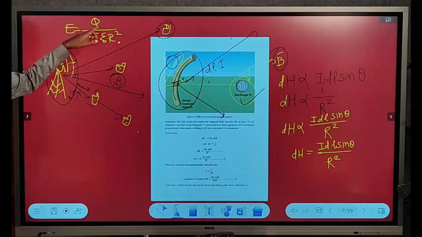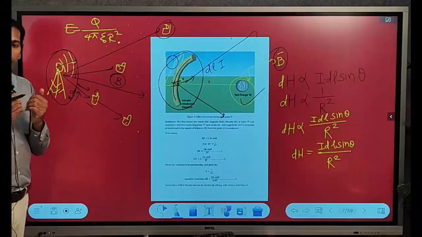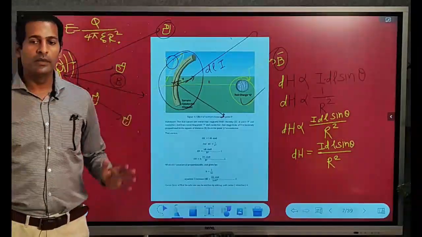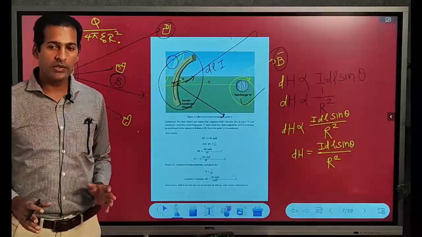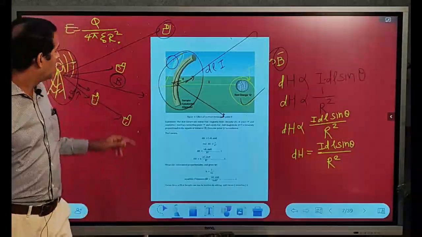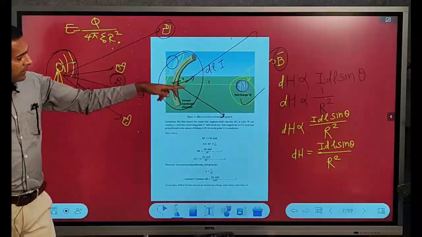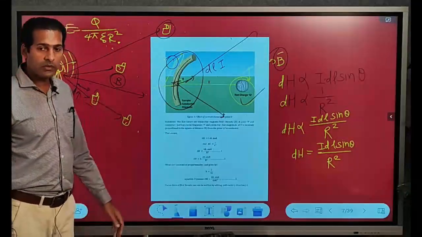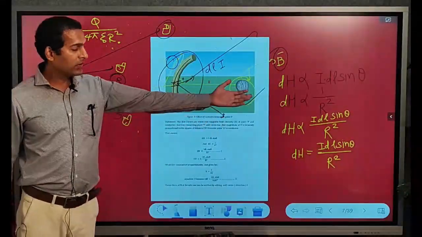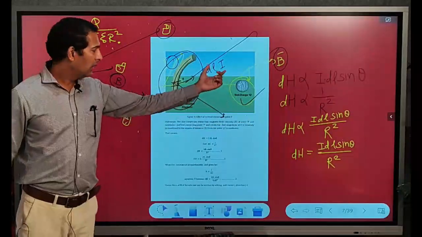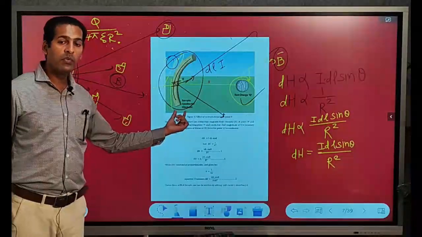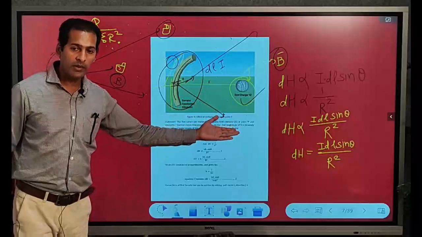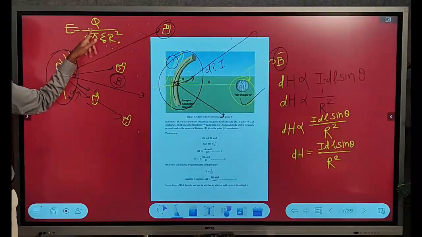E is a direct cause of charge, because we have seen a single static charge can also act like the sun. It is sending out an electric field outside, inversely proportional to r square. That is also inversely proportional to r square. But this is directly related to current, because it is created by moving charges. Current is nothing but moving charges.